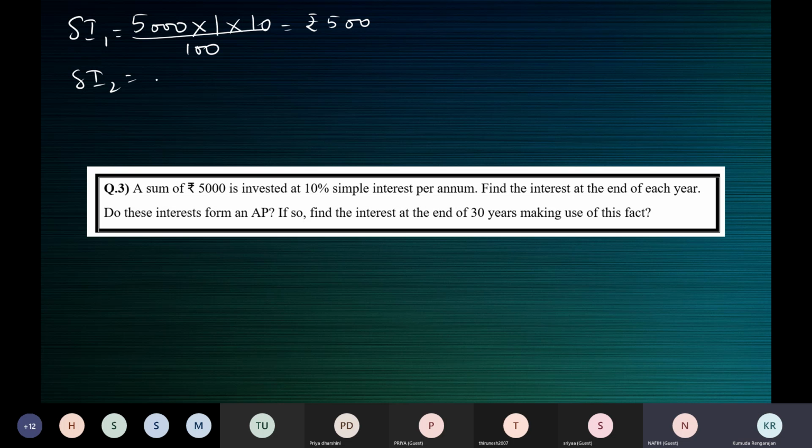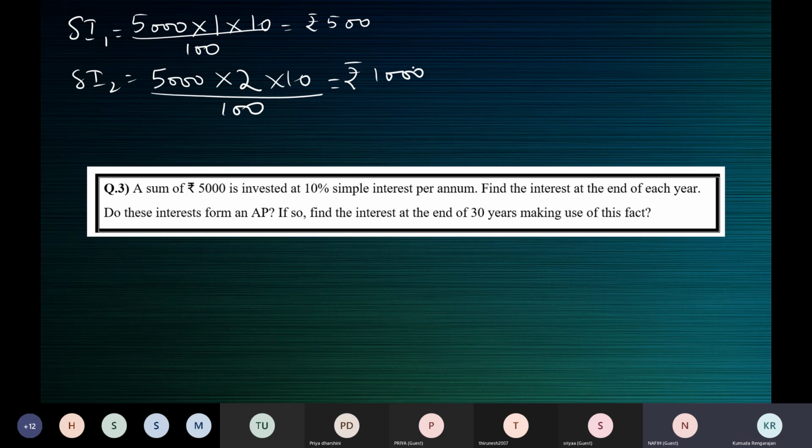Principal into time into rate by 100. Principal is the same 5,000 because it's simple interest. Rate 10%, time 2 years, by 100. Why 2? Because it is the end of the second year. So it's rupees 1,000.